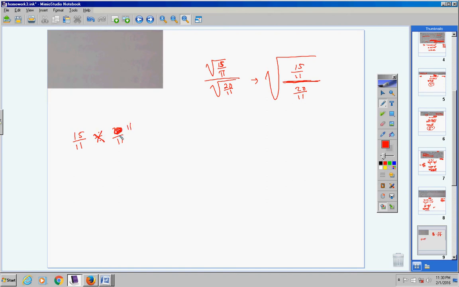Put the 11 up here and put the 20 down here. So now we have 15 over 11 times 11 over 20. Your 11's cancel, leaving you with 15 over 20, which of course reduces because 5 goes into both of them: 3/4.